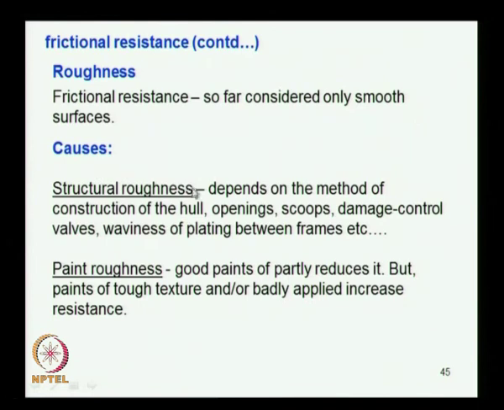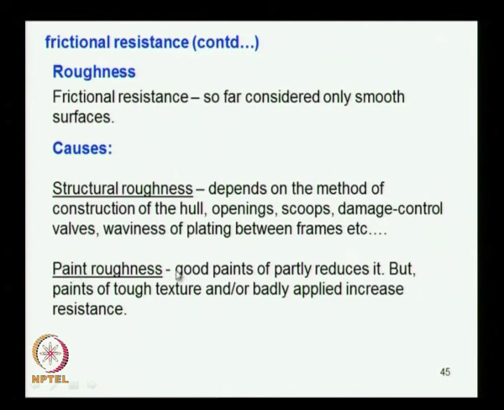Compared to the model, there is a dip and hump on the surface of the ship resulting in more roughness for the surface, and hence it increases the frictional resistance. This comes under structural roughness. So this is a reason of roughness for a prototype which is not envisaged in a model.